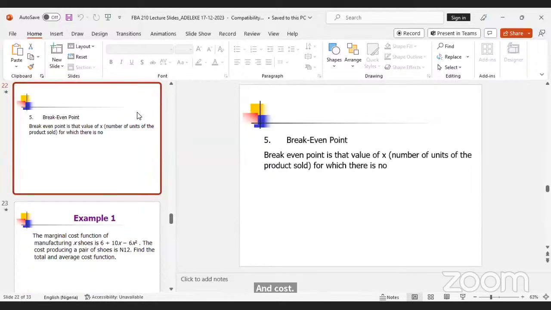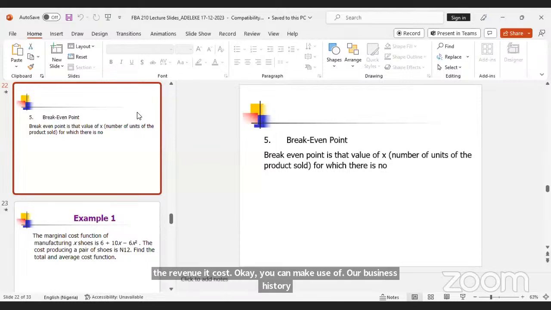So you all know the break even. At that point, the profit is zero, so the revenue equals the cost. That you can make use of as necessary.